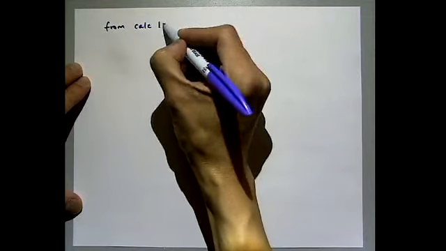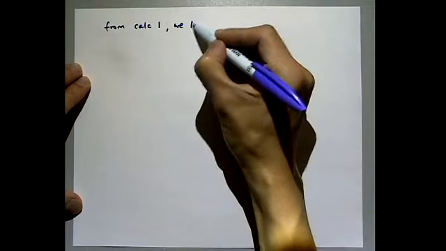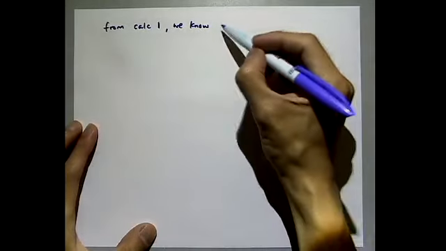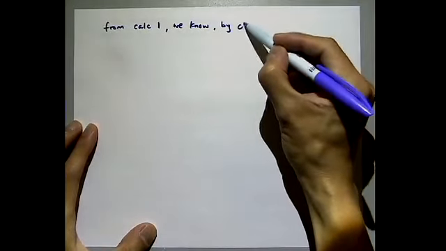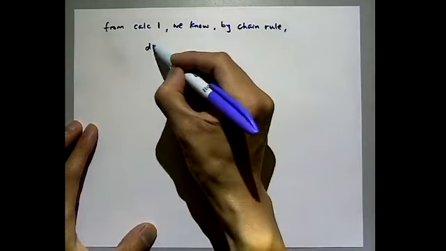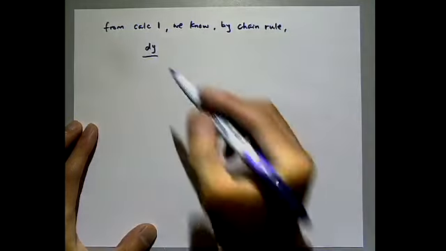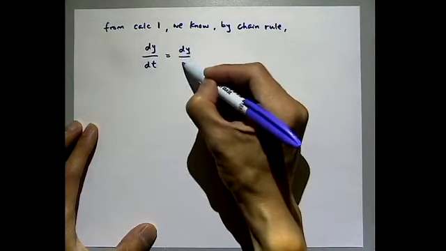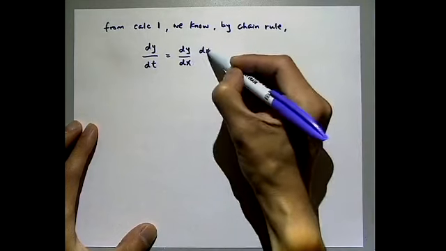So we're going to go back to earlier calculus. So recall from Calc 1, we know by chain rule, dy dt is dy dx times dx dt.